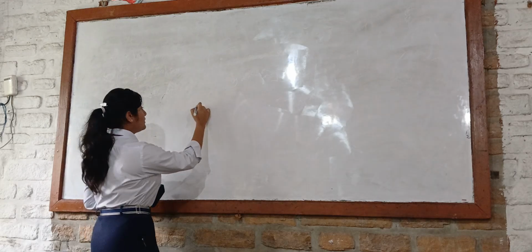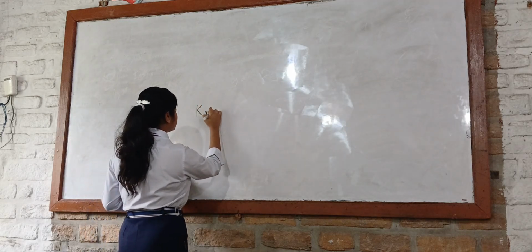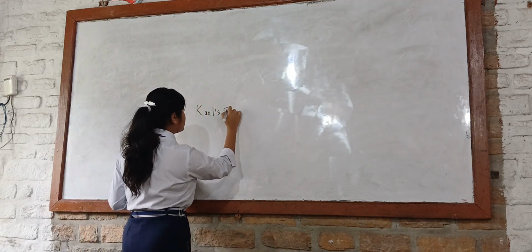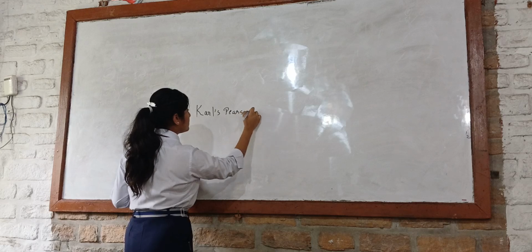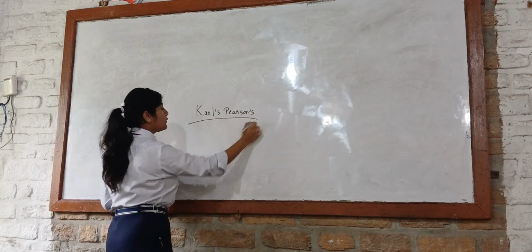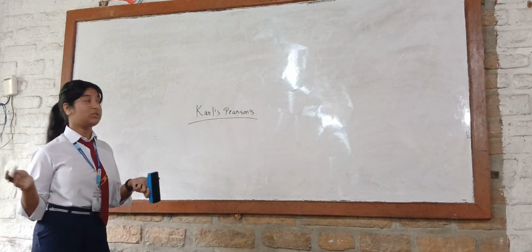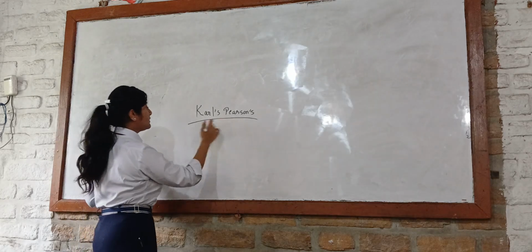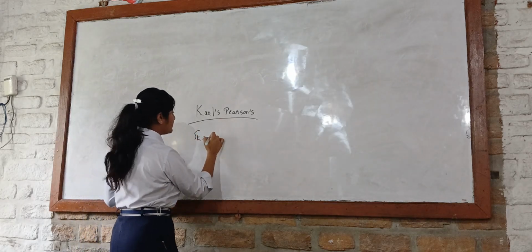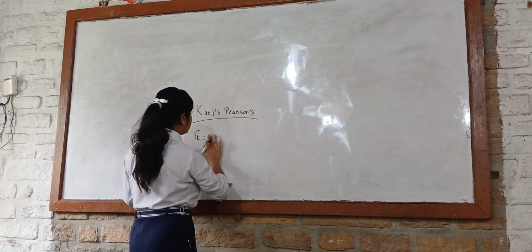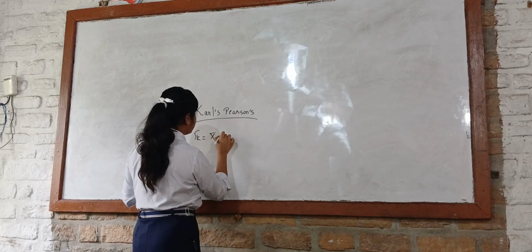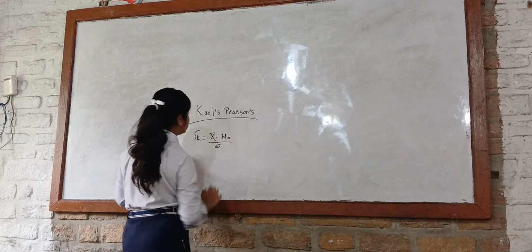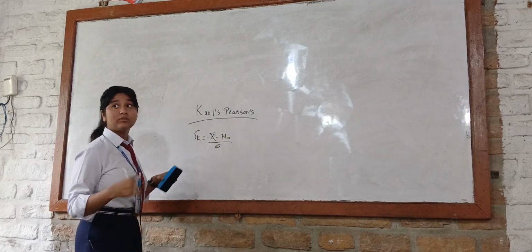So now from our exam point of view, the most important is Karl Pearson's method. This is for finding out the coefficient of skewness by using Karl Pearson's method. So we have mean minus mode upon standard deviation. So here also we have an alternative formula.